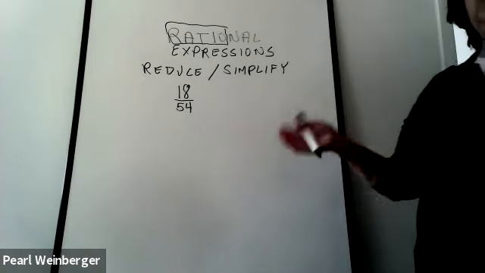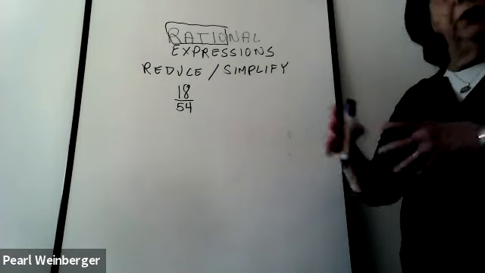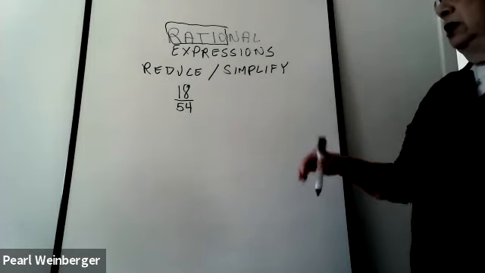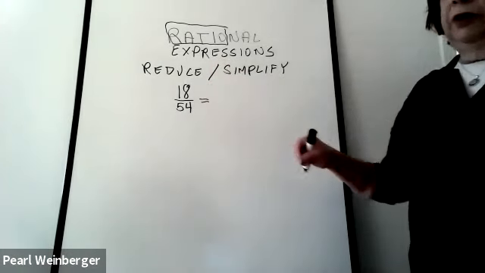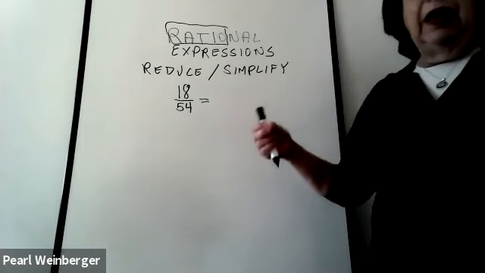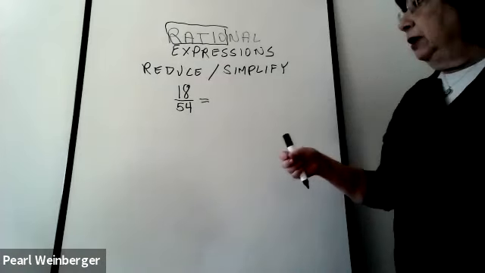And what we try to do is get the fraction in its simplest form, because then we can compare whether two fractions are equal or not. And what we do is we look for a number that goes into both the numerator and the denominator, a common factor of both the numerator and denominator.